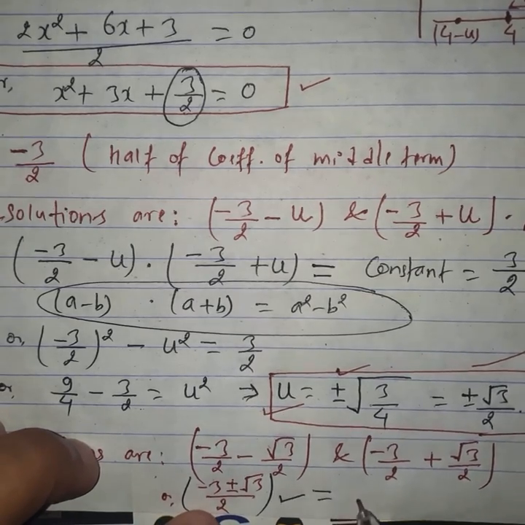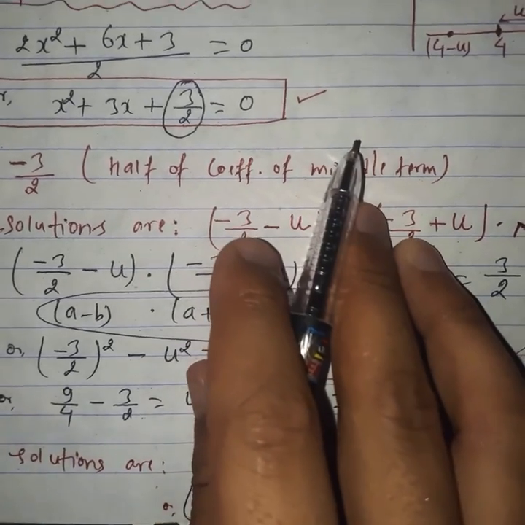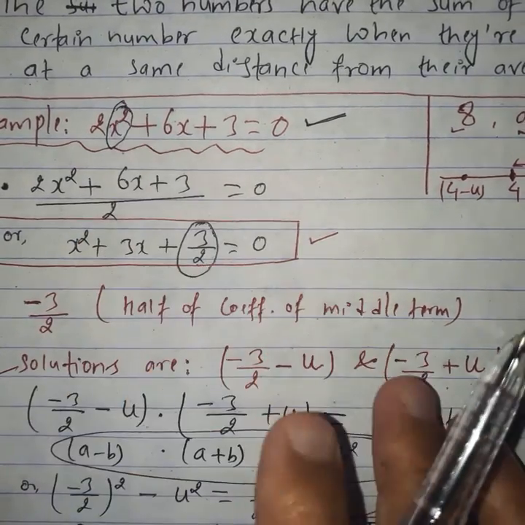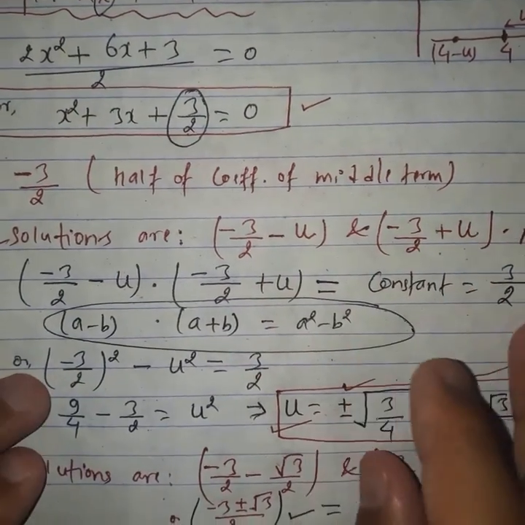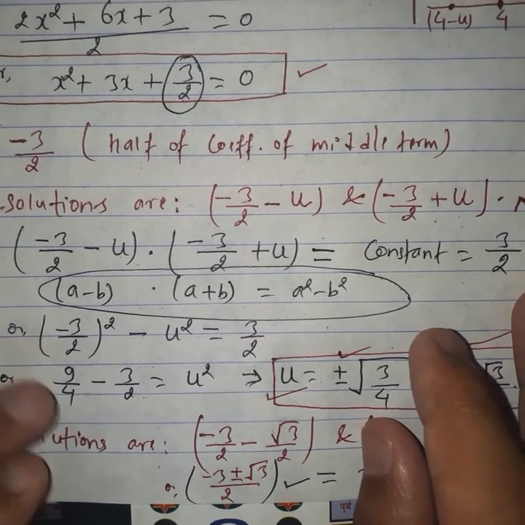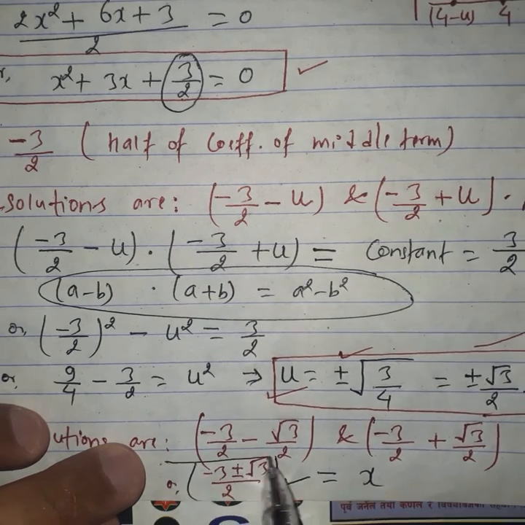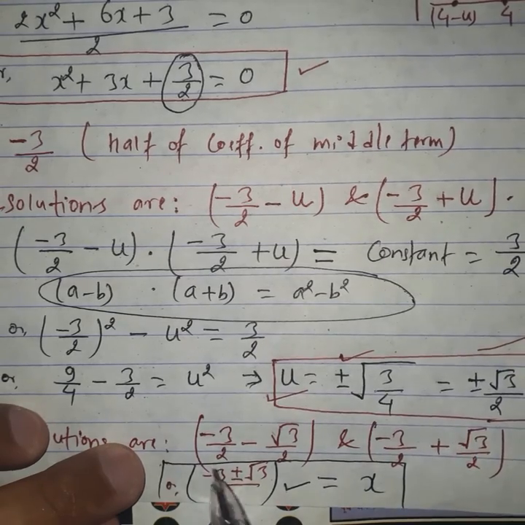These are the values of x, the unknown in this quadratic equation. It is quadratic in the variable x, so there are 2 values of x. The required values of x are negative 3 plus or minus square root of 3 over 2. This is the final solution of this question.